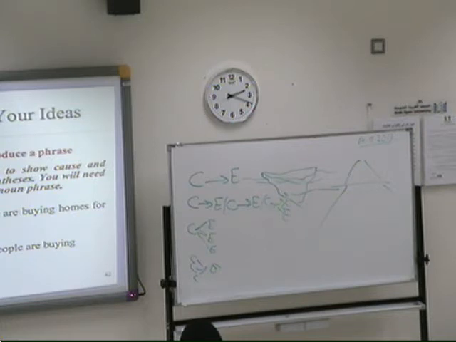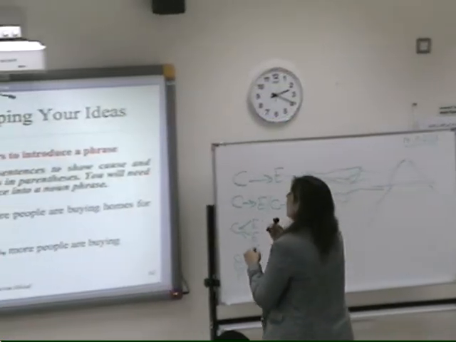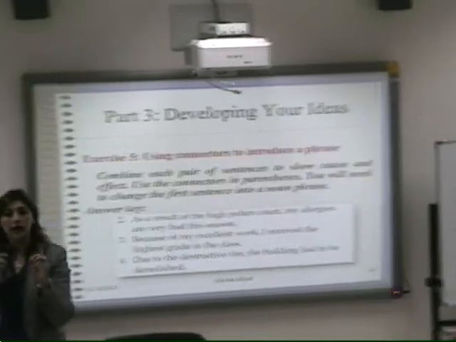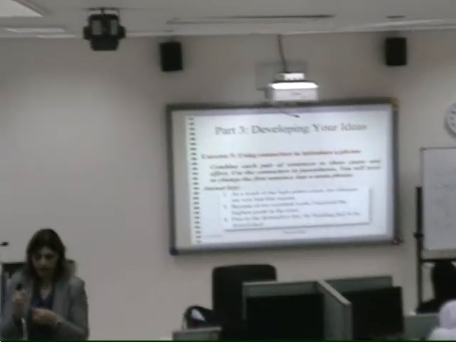Because of my excellent work, I received the highest grade in class. Because of my excellent work, bravo. Because of my excellent work, I received the highest grade in the class. Okay? Excellent work. Yes, please.